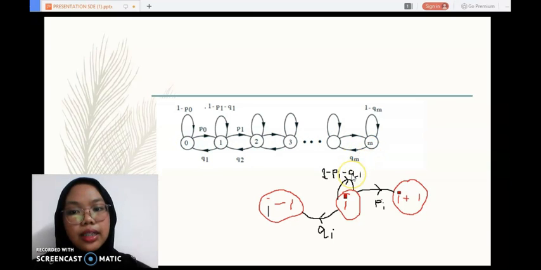If you are at a middle state, let's say i, the next step will either go to the right up by 1 unit, or left down by 1 unit, or you will stay where you are, and this happens with the following transition probabilities: pi for up, qi for down, and the remaining 1 minus pi minus qi for staying.